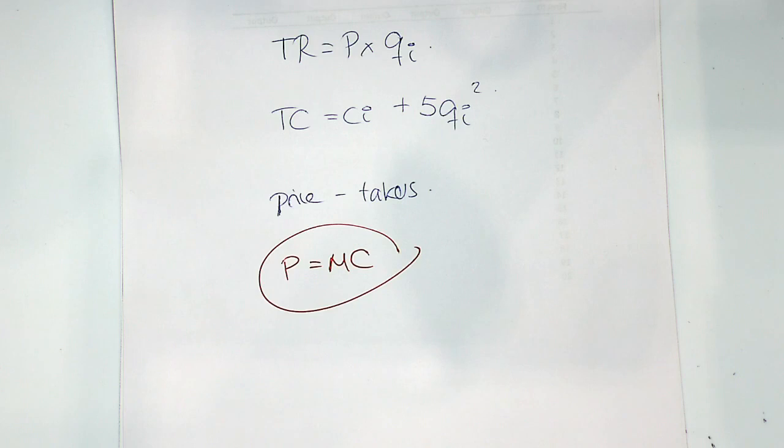Right, so perfect competition. In perfect competition, the first characteristic, how many firms are we going to have in the industry? Many firms, okay? And there is actually a reason why we're going to have many firms. The main reason is because of the barriers to entry. Barriers to entry in the industry are very, very low or none.